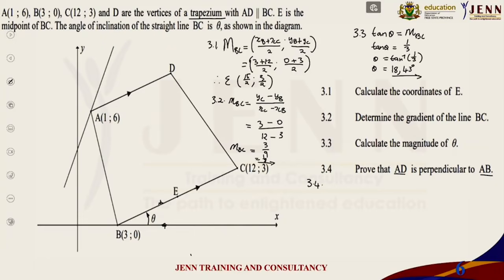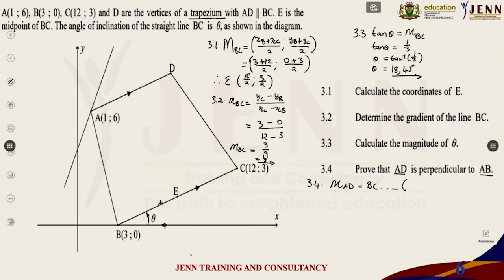Because AD is parallel to BC, the gradient of AD will equal the gradient of BC. Why? You don't make your own story, you need to have a supporting reason.